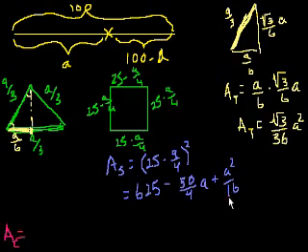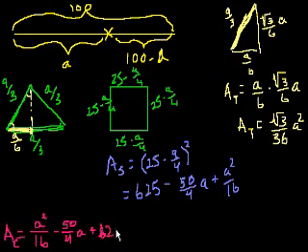So the area of the square is a squared over 16 minus 50 over 4a plus 625, and then we want to add the area of the triangle, plus square root of 3 over 36 a squared. And that's as a function of a. We could put it like that.